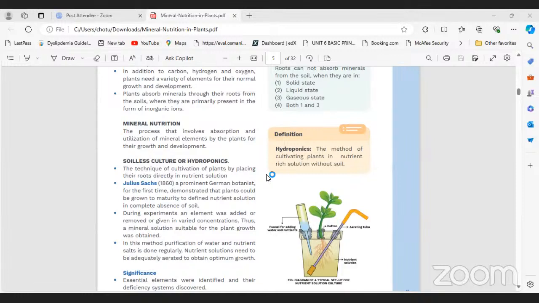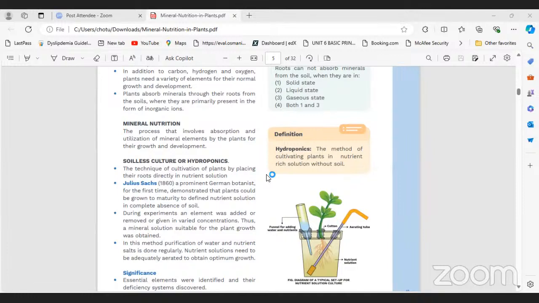Next one, antagonistic or balancing function. Elements or their salts are generally known to offset the normal effect of each other in the cell. This is known as antagonism or balancing effect.